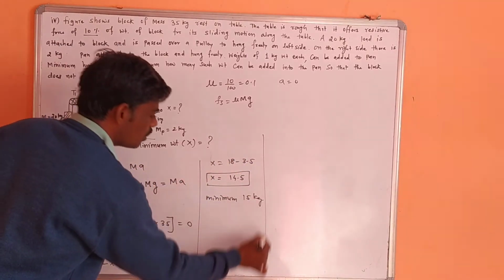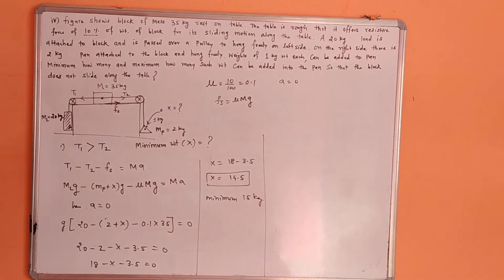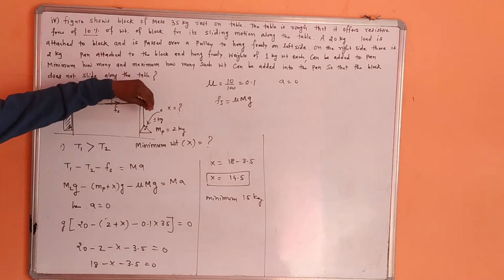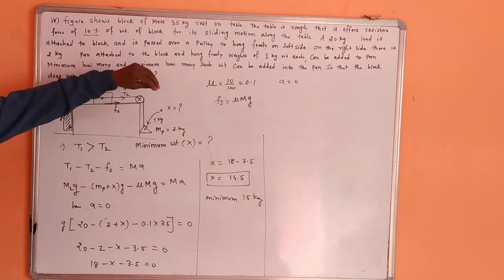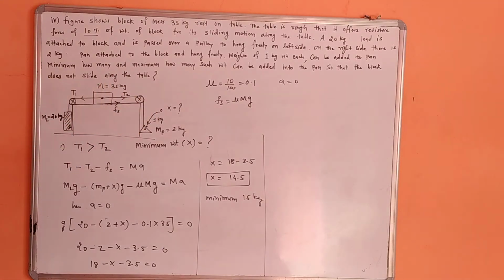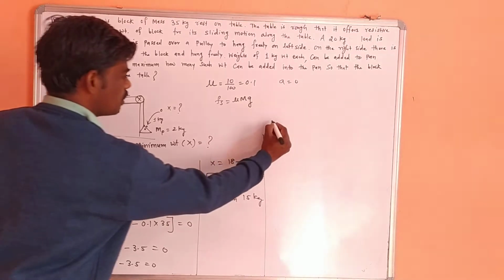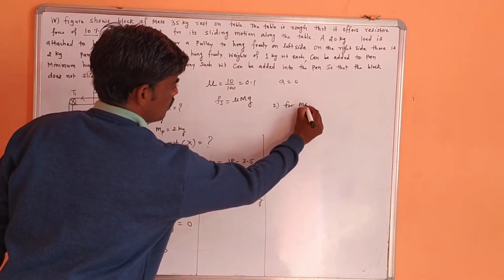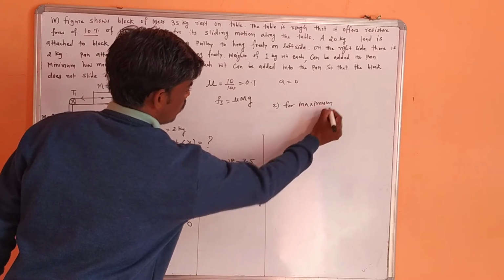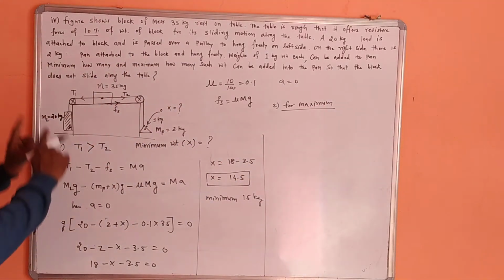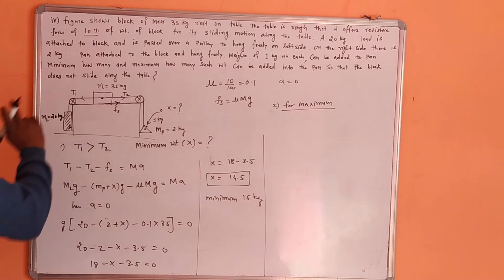Now for the maximum, what can we solve? If we place the maximum number of weights in the pan, naturally T2 becomes greater than T1. So for the maximum, of the two tensions acting on this block, T2 becomes greater than T1.